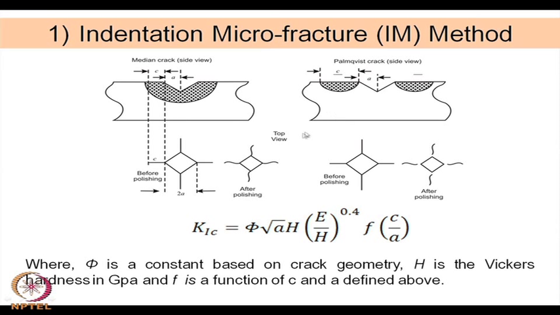Whereas at higher load this crack has propagated in this manner. Here you can see C is the crack length. Sorry, I made a mistake: this is the smaller crack length, this is the larger crack length.